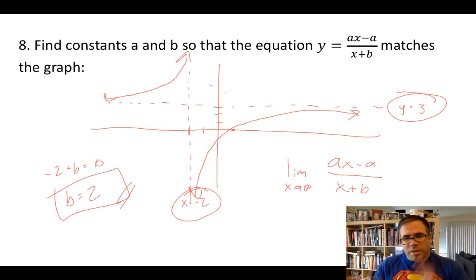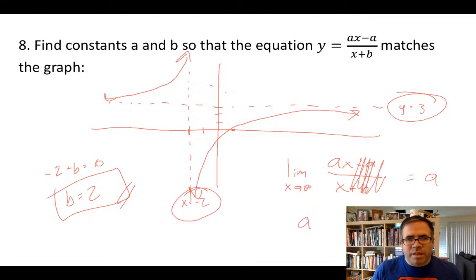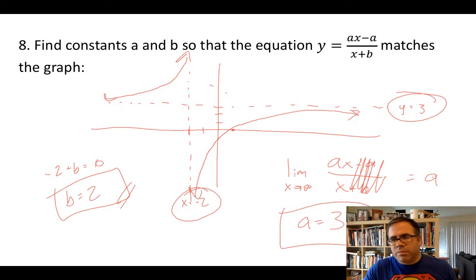Well, if you look at it from a limit perspective, this minus a and this plus b don't really matter. They matter a little bit, but you can make them matter as little as you want. So we choose to have them not matter at all. So that means our horizontal asymptote is just a. So in our case, a equals 3. Both of these you should be able to read off the graph with little effort.